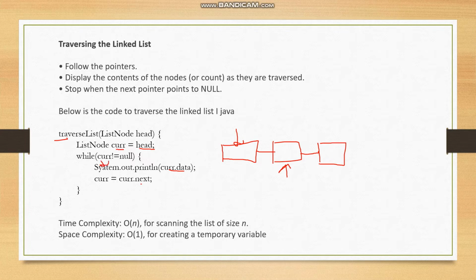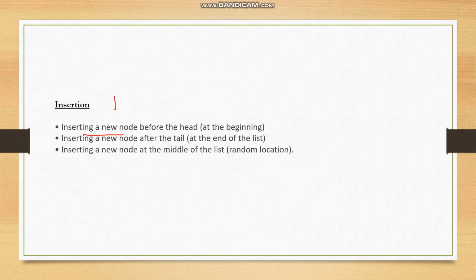That while loop will be running until we get null in the current. So we will come here, and here we will encounter null in the current, so we will have printed all the elements. Time complexity for that will be O(n) because we have to traverse n nodes, and O(1) space because we did not use any extra space.